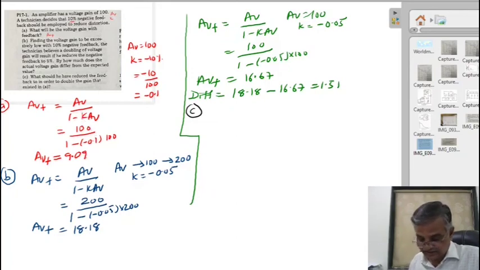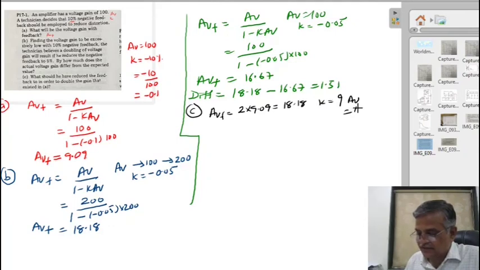The question is like this. See, read carefully. What should he have reduced the feedback from? We actually gave how much feedback? 10%. How much does he have to reduce from 10 to get double of this in this case? So in short, I have double of this, 2 times 9.09, 18.18. What should be the value of K?